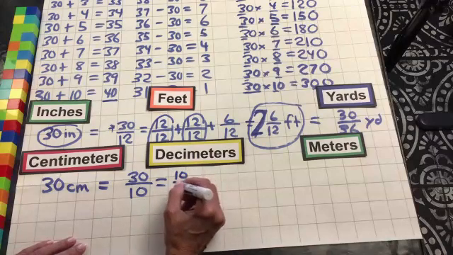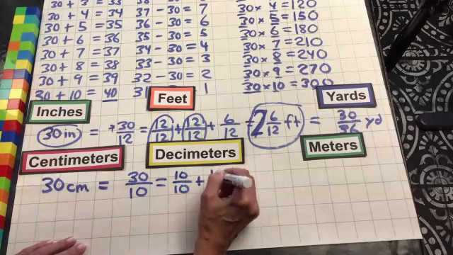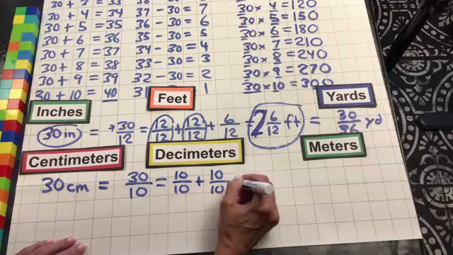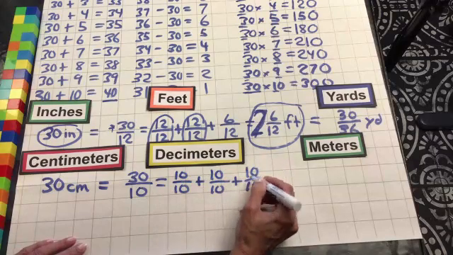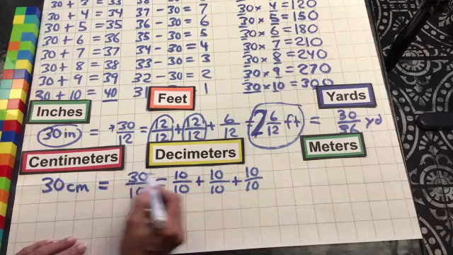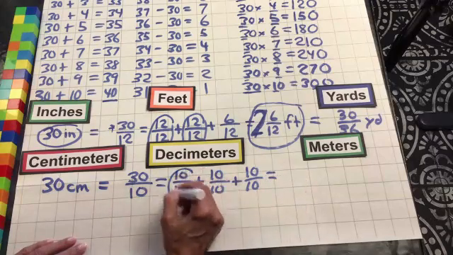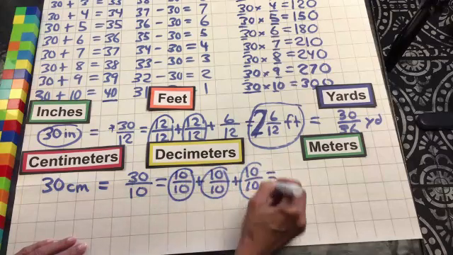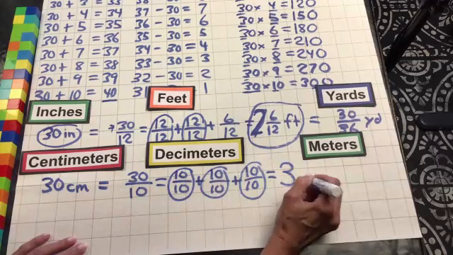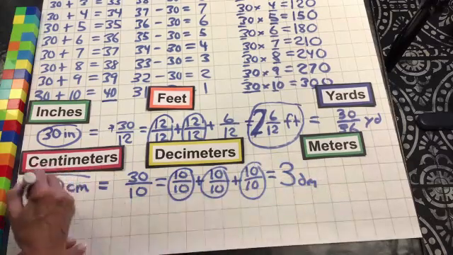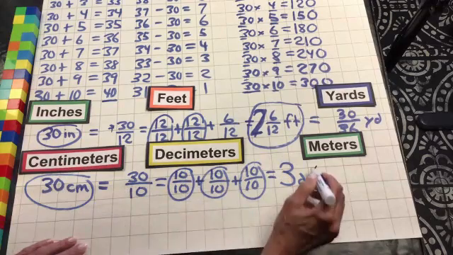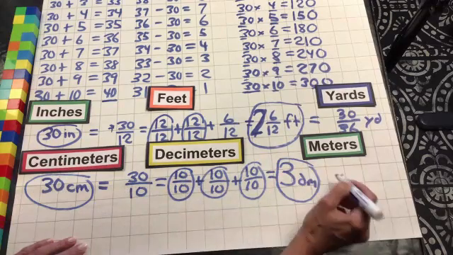So 10 over 10 plus 10 over 10 plus 10 over 10, 10, 20, 30. That equals 30. We're done there. So we have 1, 2, 3 whole decimeters. So 30 centimeters equals 3 decimeters.